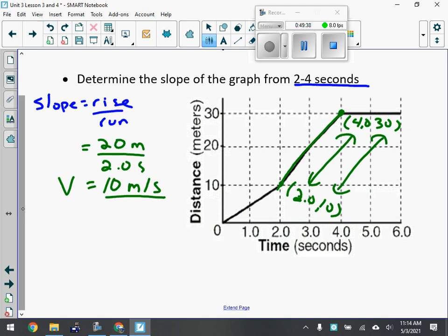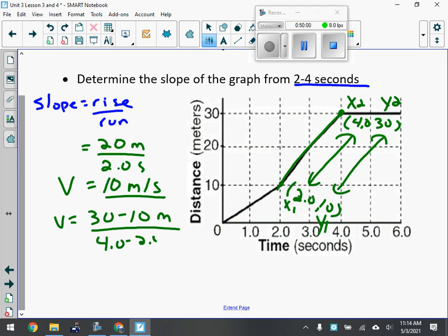So over here, I'm going to say what v or the slope or whatever is? 30 minus 10 meters. Okay, so that's the y2, and that's the y1, y2 minus y1, and here's my x2, and here's my x1. Okay, and there's my 4 minus 2.0 seconds. And you have to be careful when you enter this on your calculator. You want to probably get the top part done first, 20 meters over 2 seconds, or 10 meters per second. Okay?